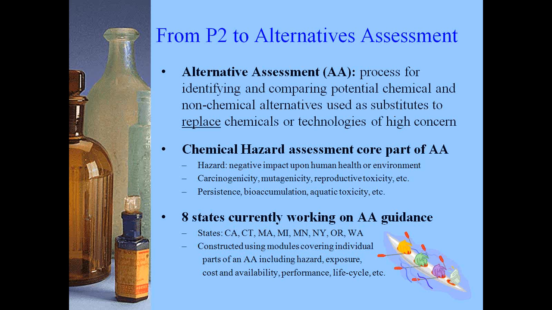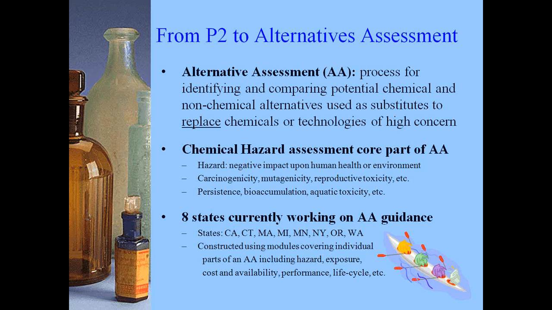Now, chemical hazard assessment is a core part of an alternative assessment, and there are more hours of talks out there that I've done as well on the different components of an alternative assessment. But basically, a hazard assessment just compares the hazard of one chemical or technology with the hazard associated with another chemical or technology offered up as an alternative.